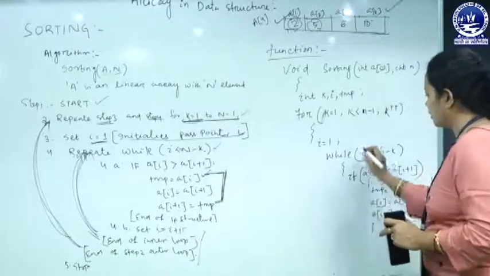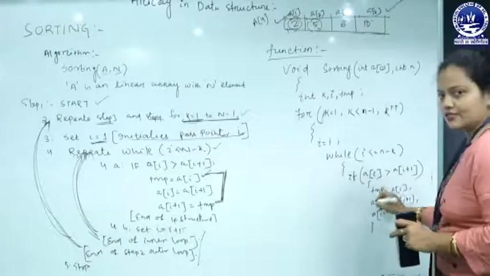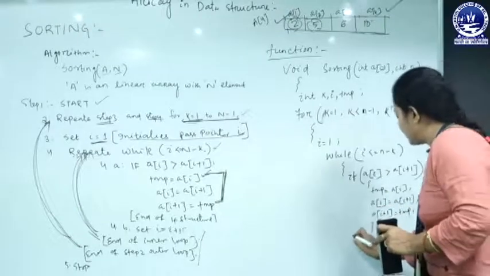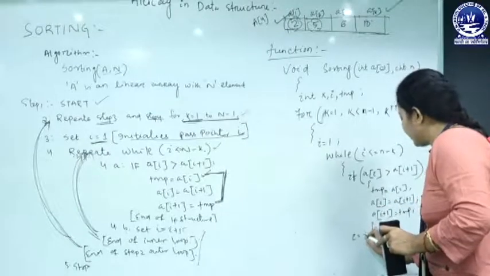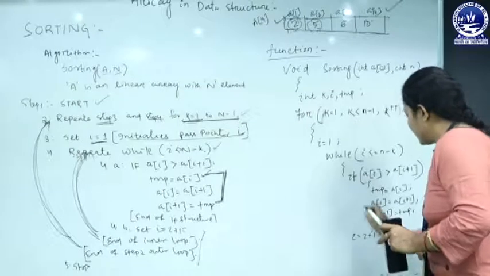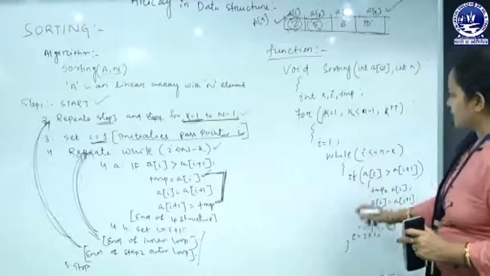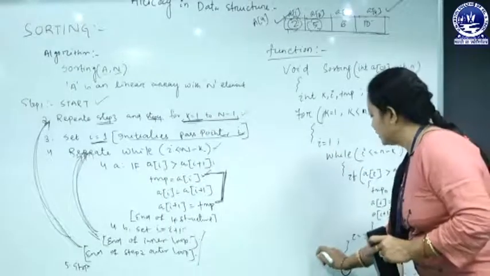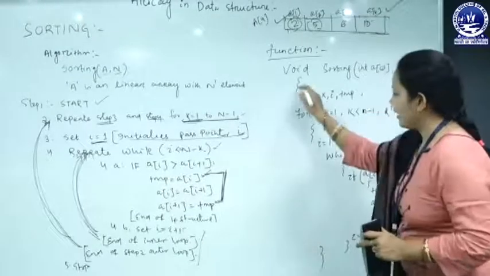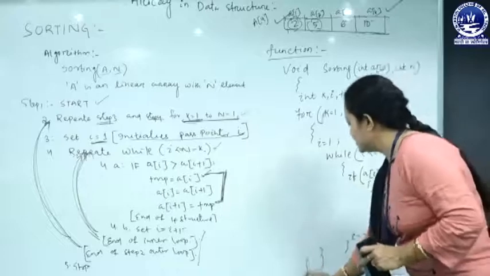This is the if block. If the condition is true, we execute these statements. Then we increment I equals I plus 1, which ends the inner while loop. Next it ends the outer loop, and this ends the function block.